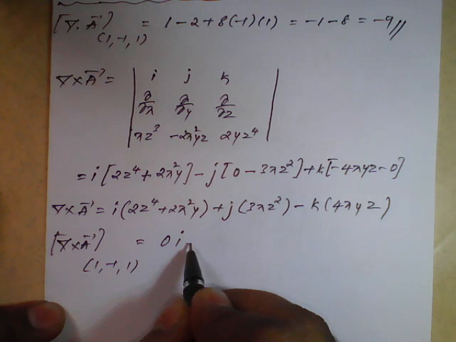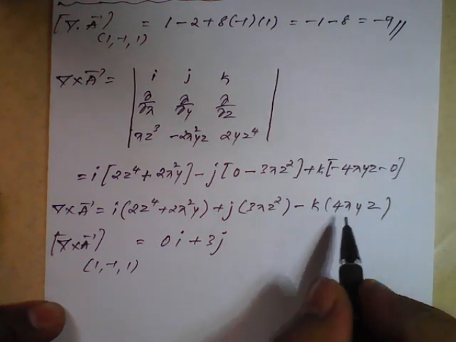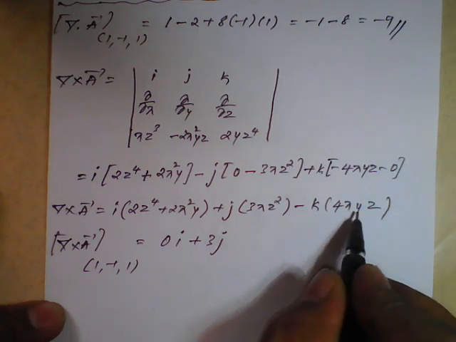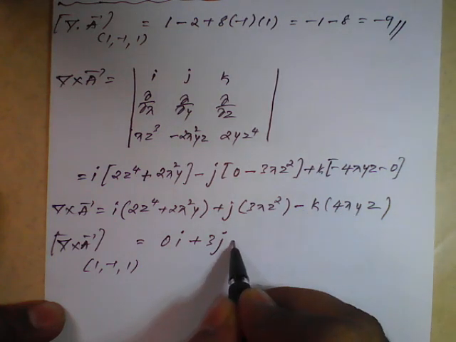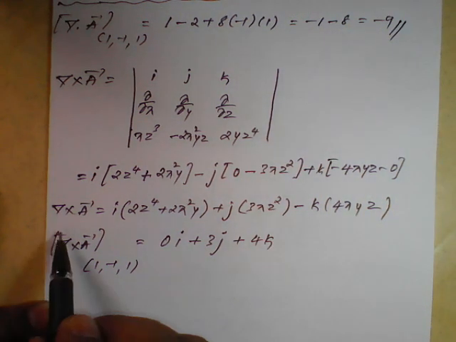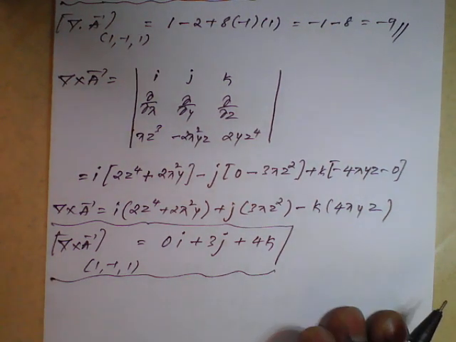So this simplification will become plus 3j, and if you apply y as minus 1, this will become plus 4k. Okay, so this is the resultant of the second required thing here.